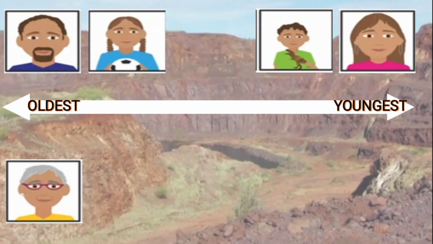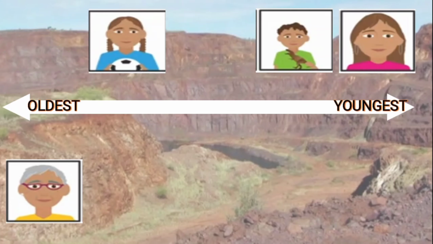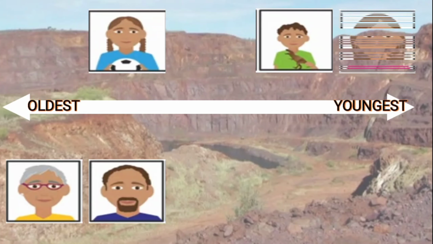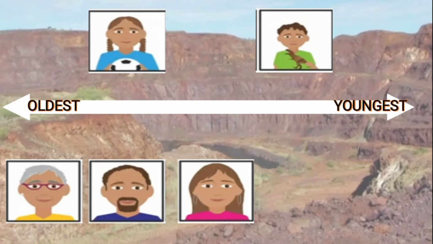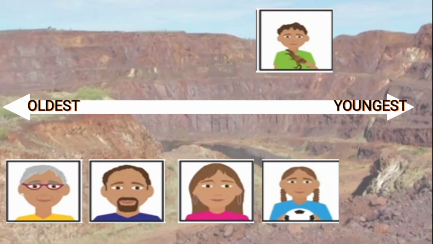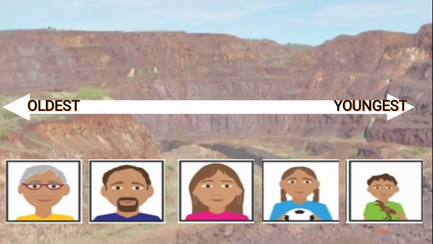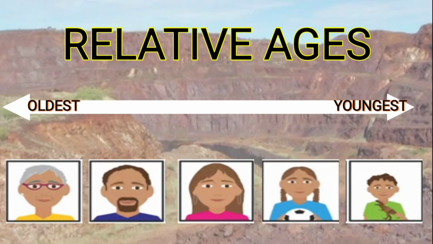And we are not sure who's next to the oldest. Is it mother or father? So let's just guess that father is next to the oldest. The next is the mother, the older sister, and the brother. So we just arrange the family members from oldest to youngest using their relative ages.